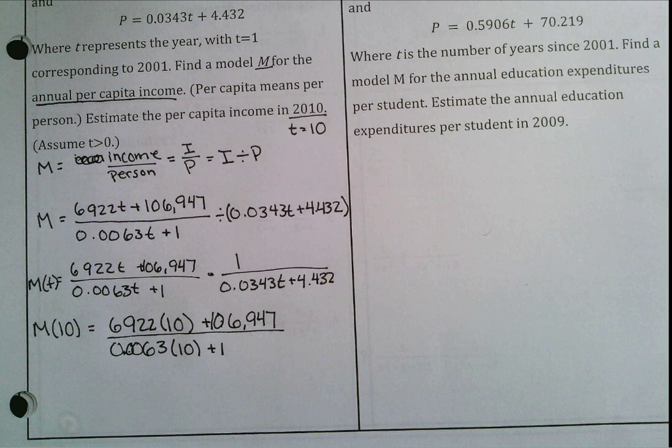And I want to know what this is when I have 10 in for t. So I have 6,922 times 10 plus 106,947 divided by 0.0063 times 10 plus 1.